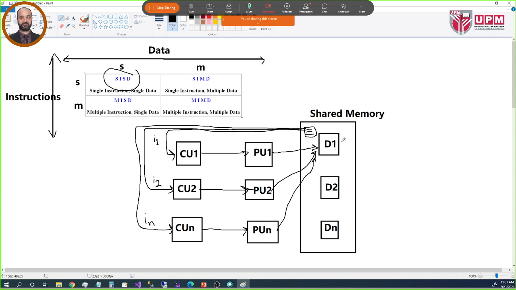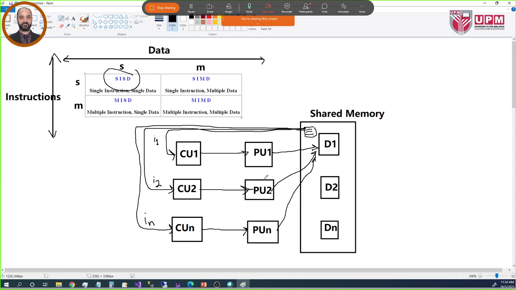So for that case, even though we have multiple control units and multiple processing units that could handle multiple instructions at a certain time, they still cannot run in parallel. Why? Because they have to wait for each other.